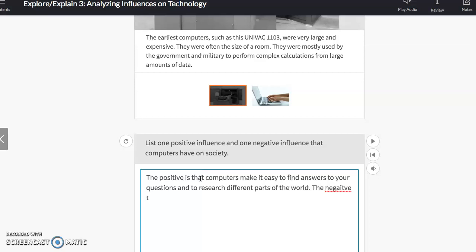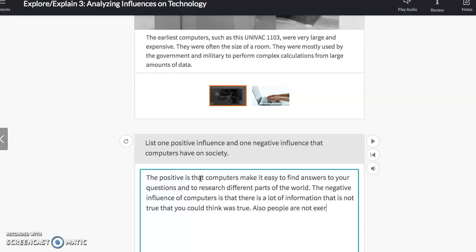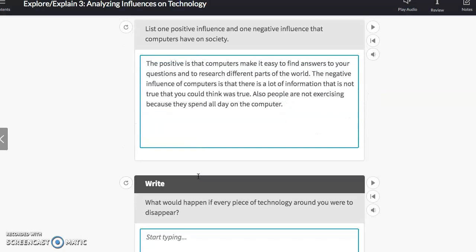The negative influence of computers is that there is a lot of information that is not true that you could think was true. Also, people are not exercising because they spend all day on the computer. So that would be a positive and a negative.